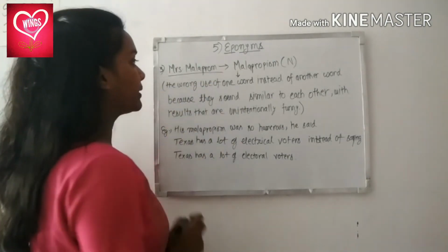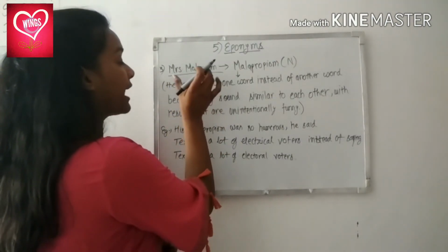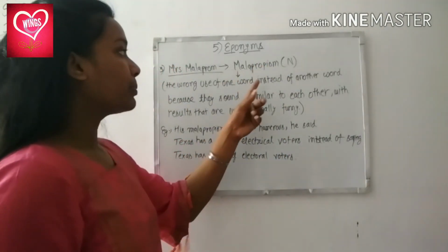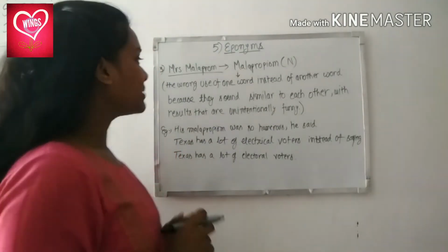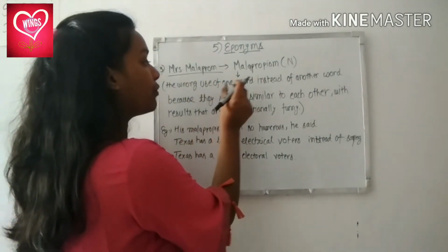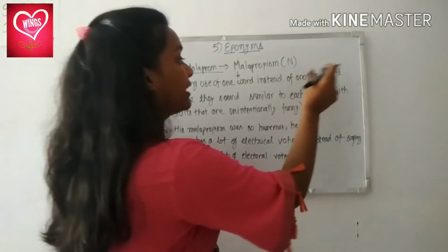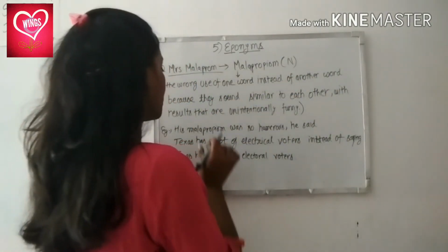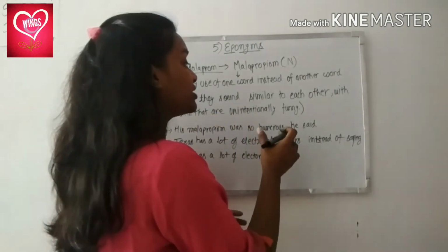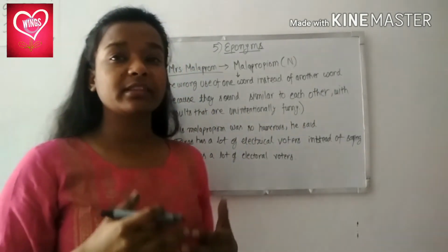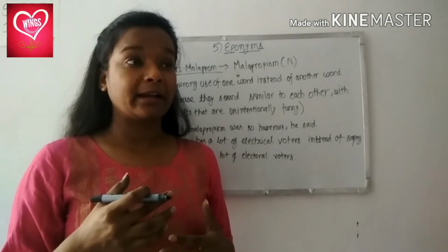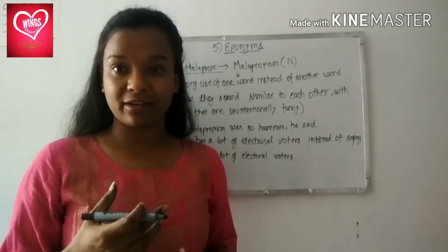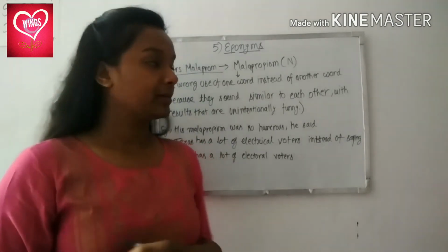Mrs. Malaprop is an eponym for the word malapropism. Malapropism is a noun and it means the wrong use of one word instead of another word because they sound similar to each other, with results that are unintentionally funny. Because the words sound similar, some people make mistakes while saying them.